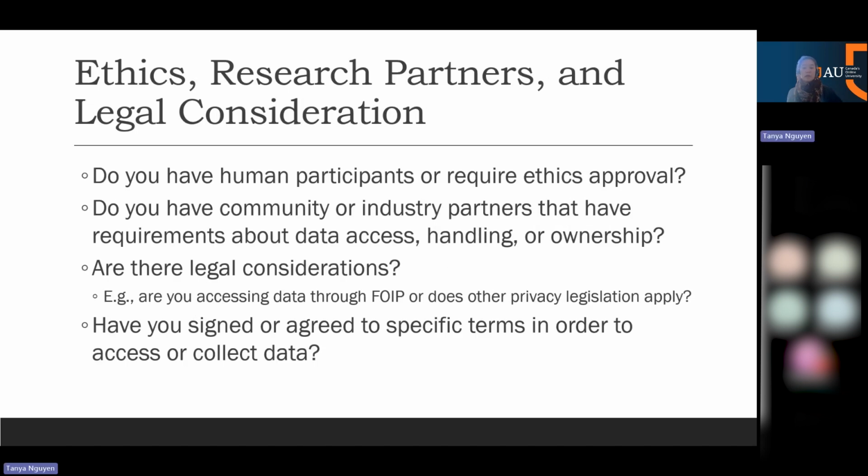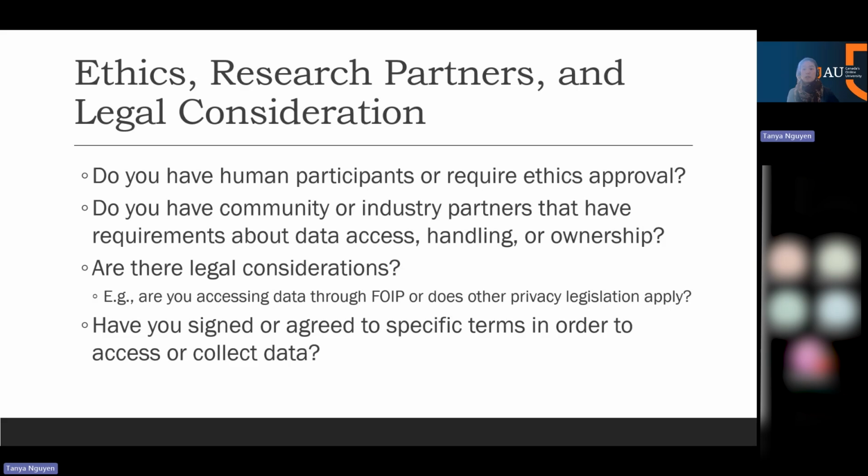All aspects of a data management plan can be dependent on ethics, research partnerships, and legal considerations. When you're working on a data management plan, there are ethical, community, or research partner and legal considerations that overarch the entire process because they affect decisions made at all stages.